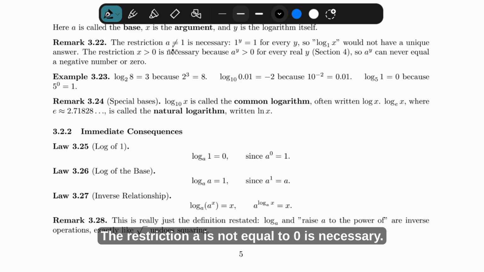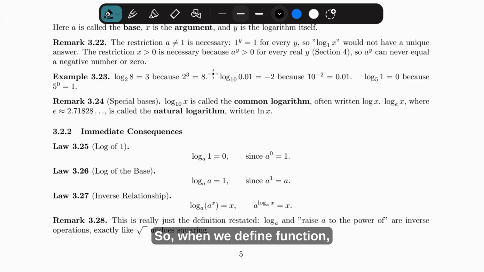The restriction a is not equal to 1 is necessary, because 1 to the power y is equal to 1 for every y. So when we define the function, we will use that.